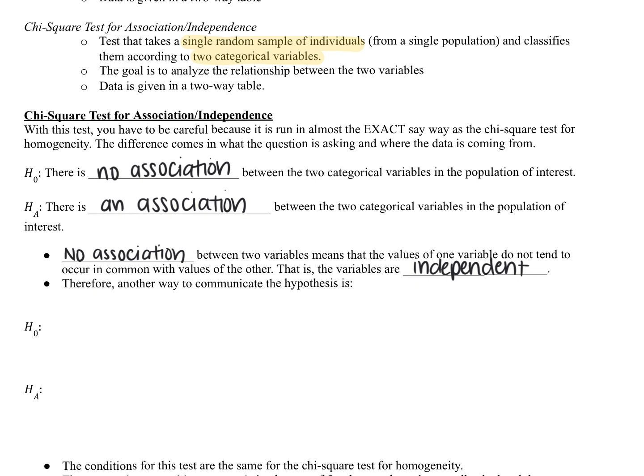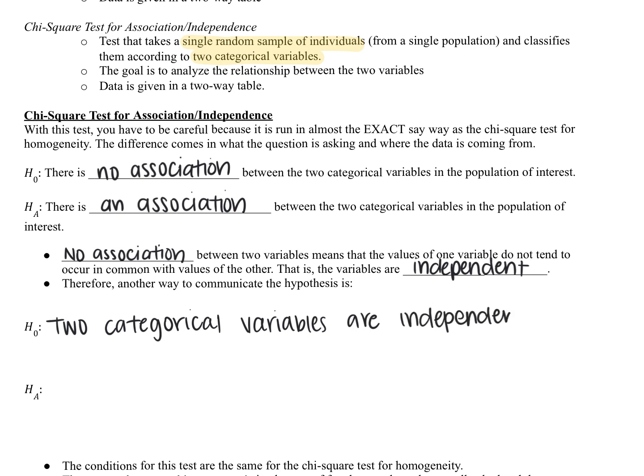Therefore, another way you can write your hypotheses: your null hypothesis can be two categorical variables are independent in the population of interest.